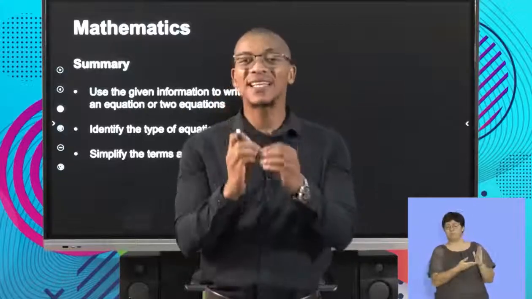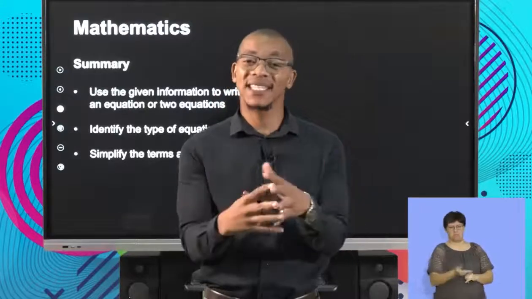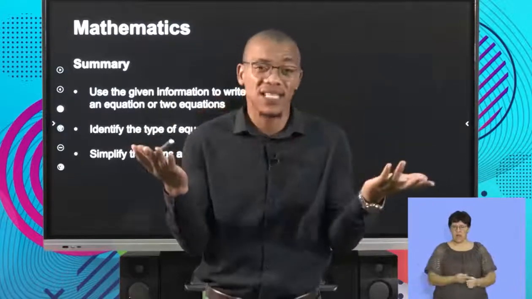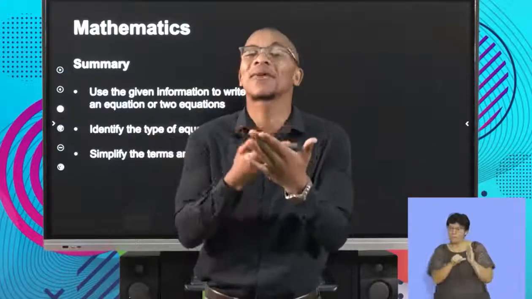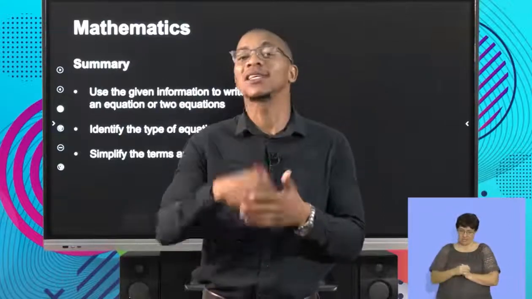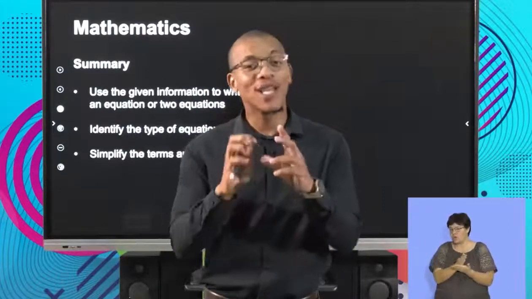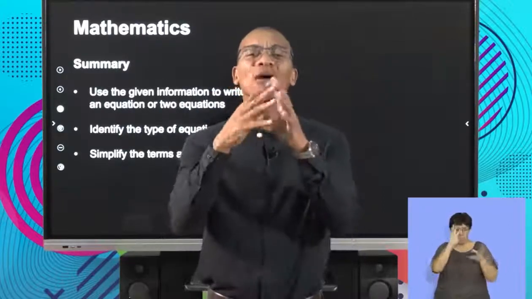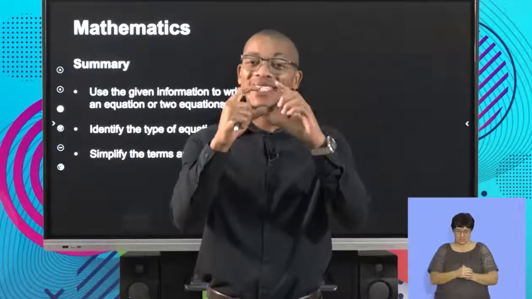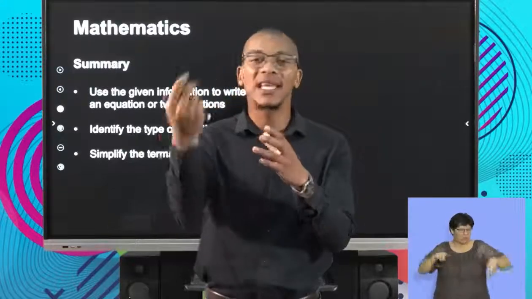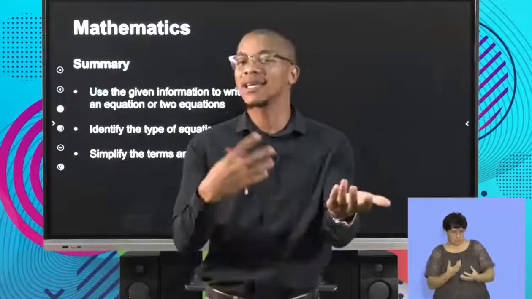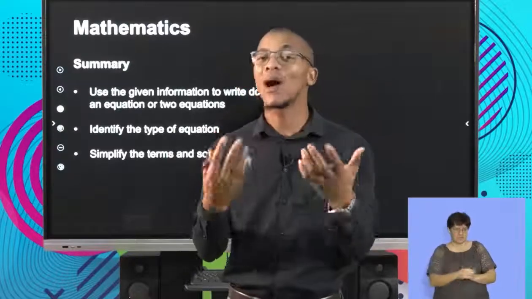We will never give you a statement that is just useless for you to use. Everything we write there needs to be used one way or the other. So make sure that you break down everything in that statement and give it either a variable or make it an expression, depending on what it is.